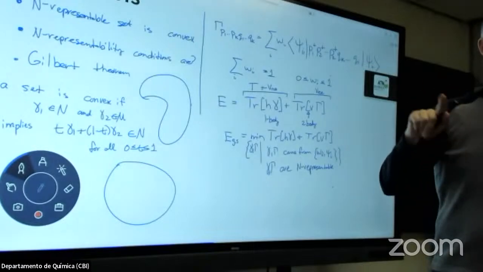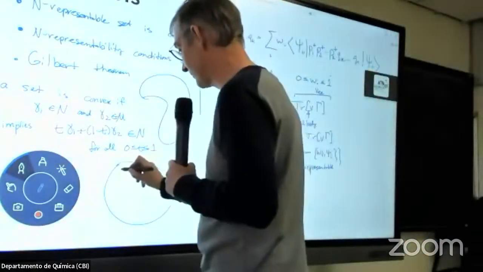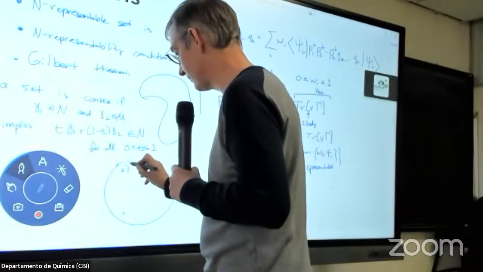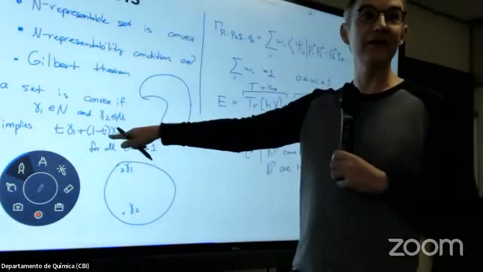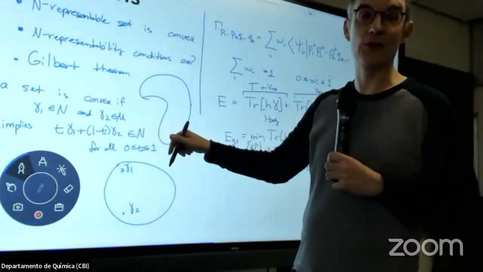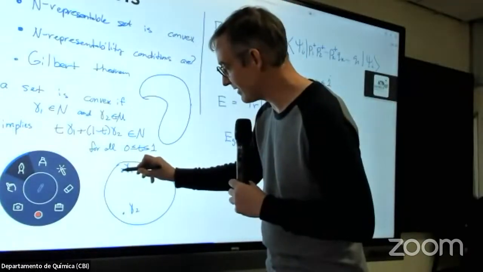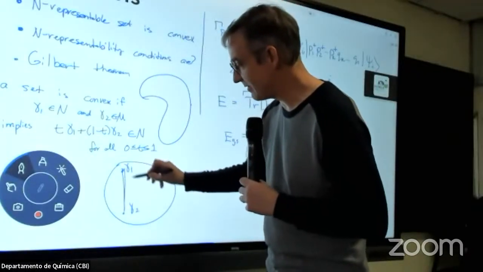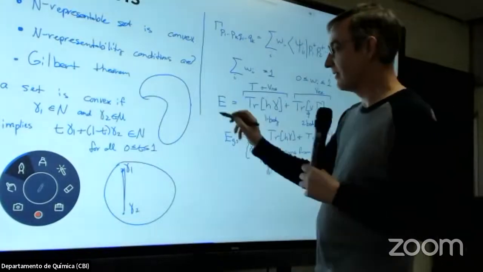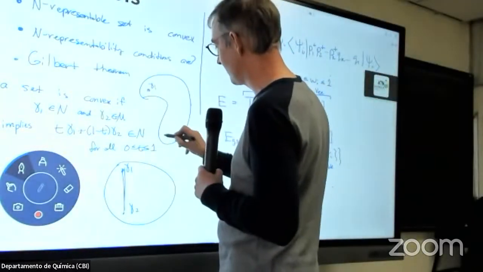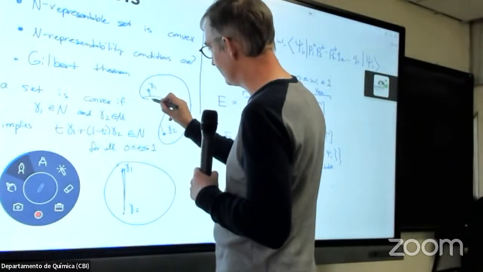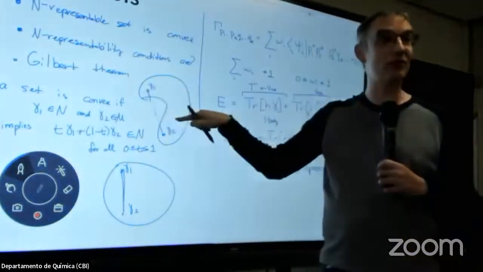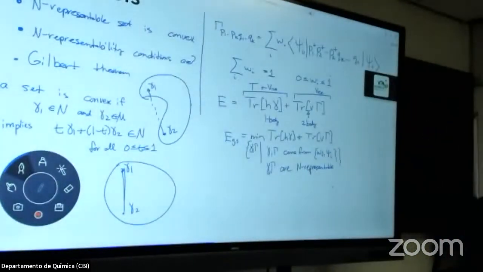If I give you two elements of the set, then this is just a line, an interpolation between these two elements, a weighted average of those elements. And this is saying that every piece along that line is inside the set. And that was clearly not true here, right? There were things that were weighted averages of these two that were not inside the set. So it's not convex, okay?